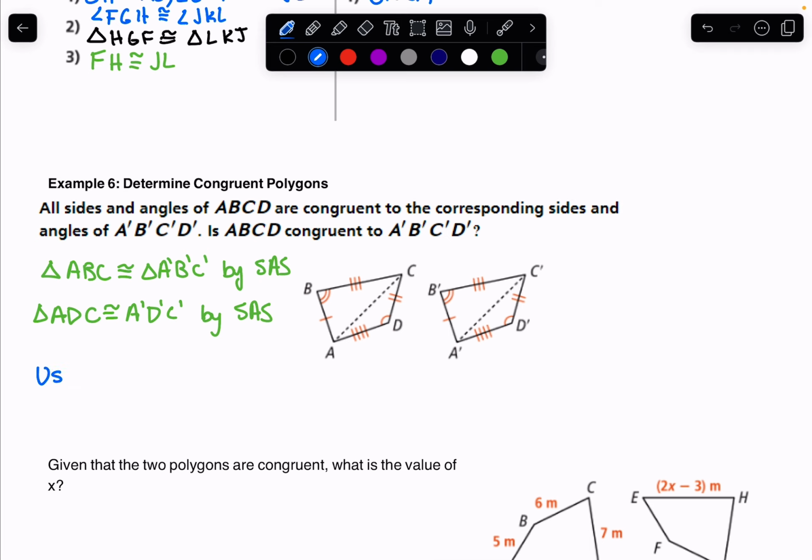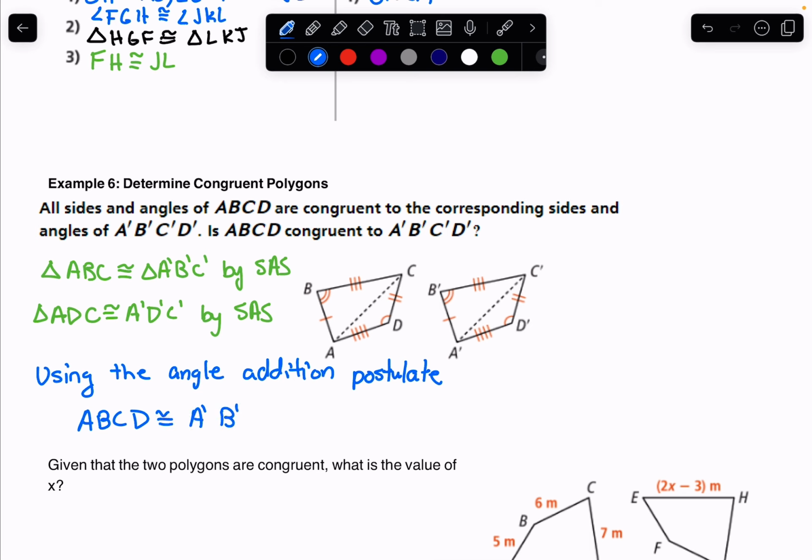Using the angle addition postulate, I know that ABCD is congruent to A prime, B prime, C prime, D prime.